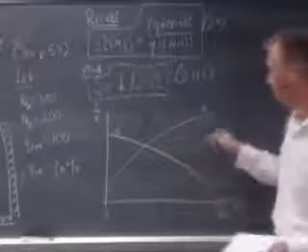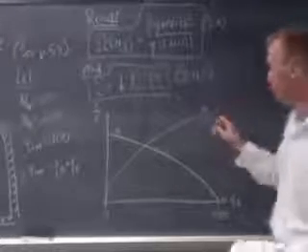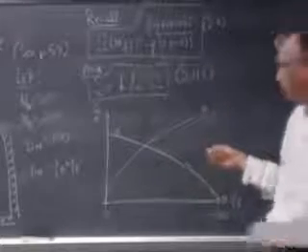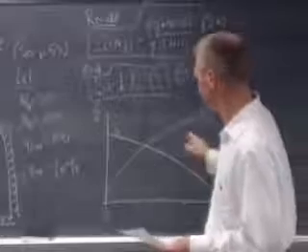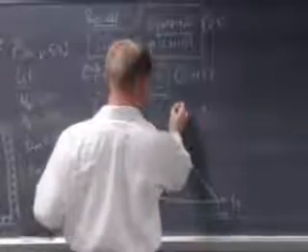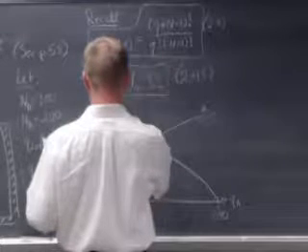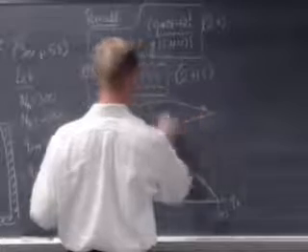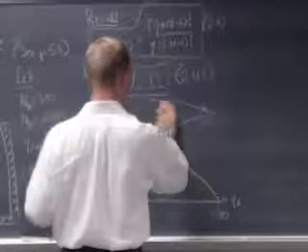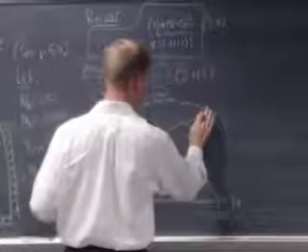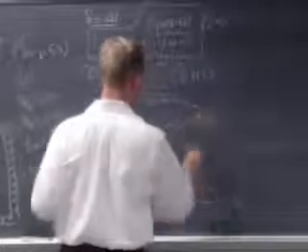Let me also plot the total entropy, the sum of A and B. So that's the total entropy of the entire coupled system. All I have to do is add these two numbers. Okay, that's the dashed line, the total entropy.